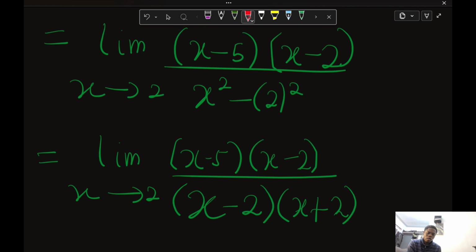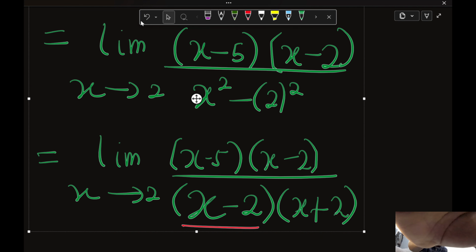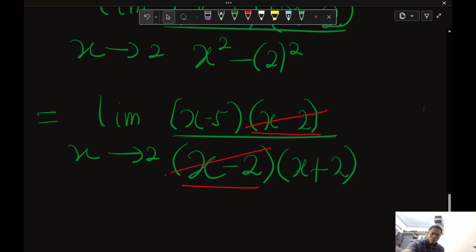So let us now look at the common factors of the numerator and the denominator. You will see that our x minus 2 here is the same as the x minus 2 there, so this divides this, and we get 1.